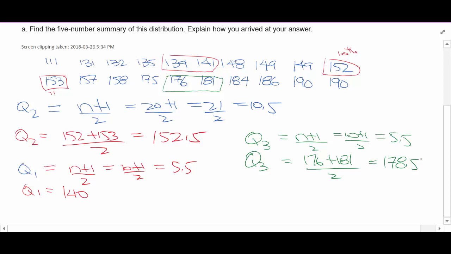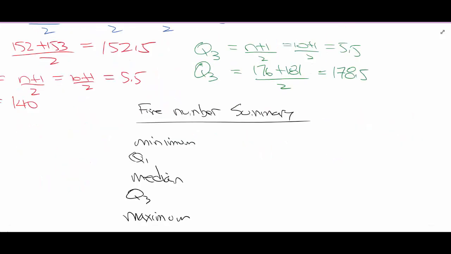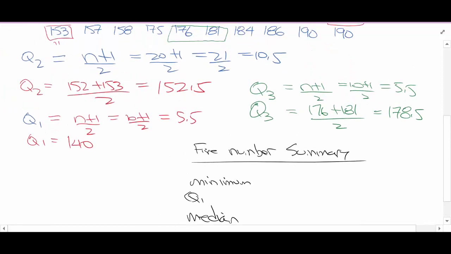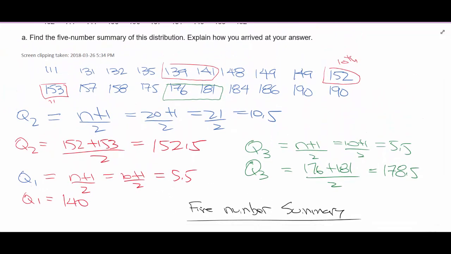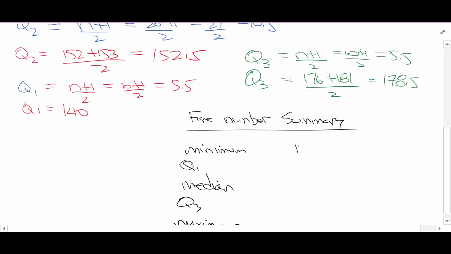Well, I can actually do my 5-number summary. Here we go. The minimum value was the first value in the ranking, which is 111. Q1 I calculated here to be 140.